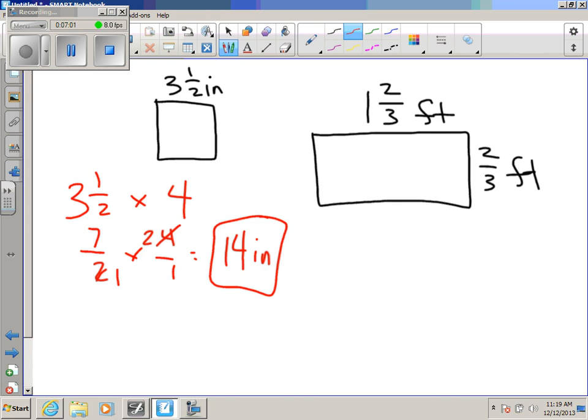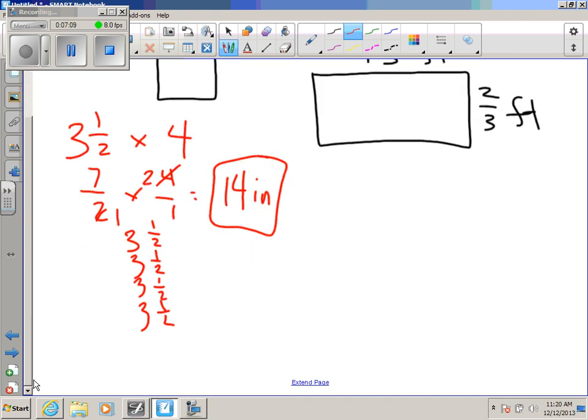Now, if you add all sides, that's also an option. 1/2 and 1/2 give you a whole. 1/2 and 1/2 also give you another whole. 3, 6, 9, 12, 13, 14.